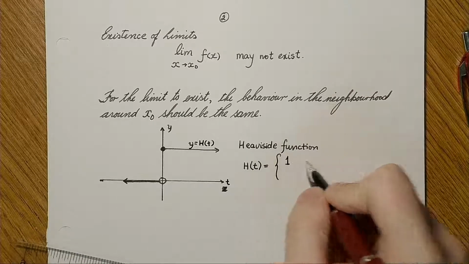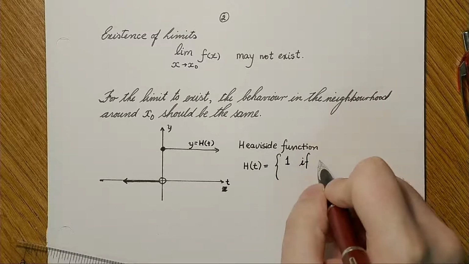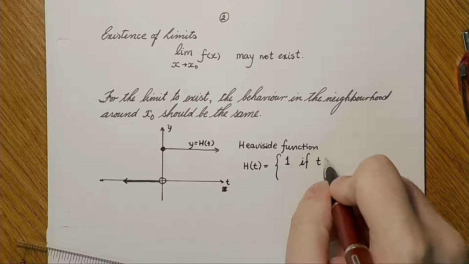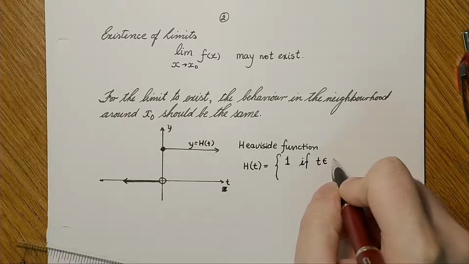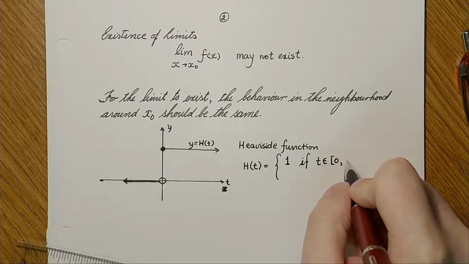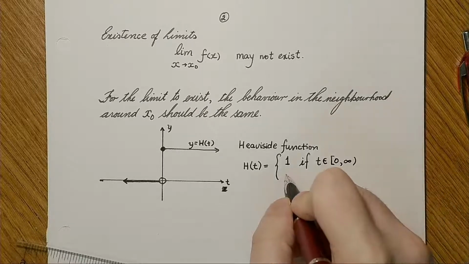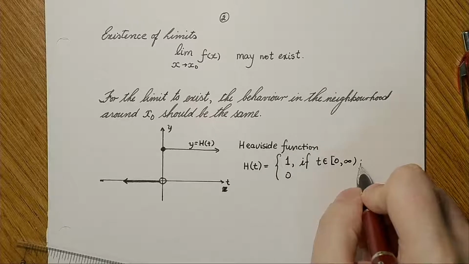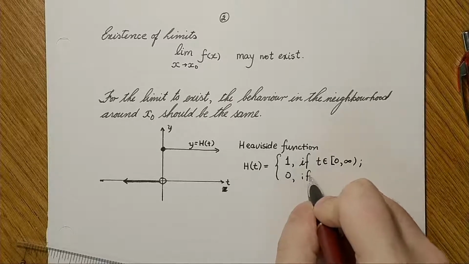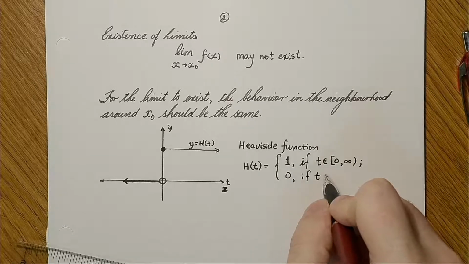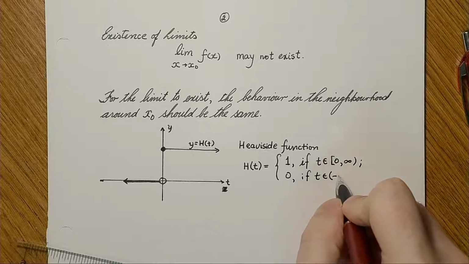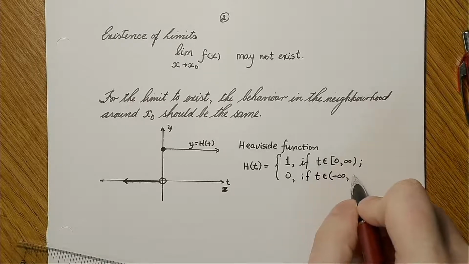And so it's 1 if t is in the interval, a closed bracket from 0 to infinity, round bracket, and 0 if t is in the interval from minus infinity to 0.